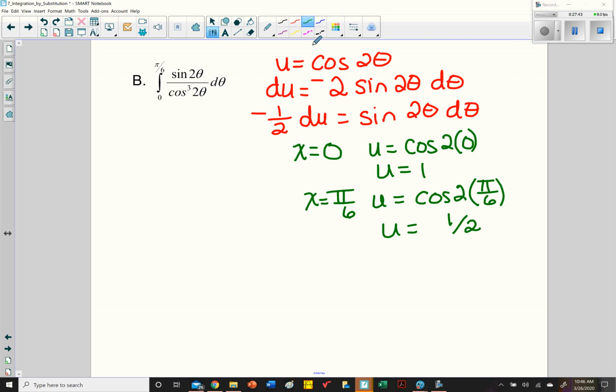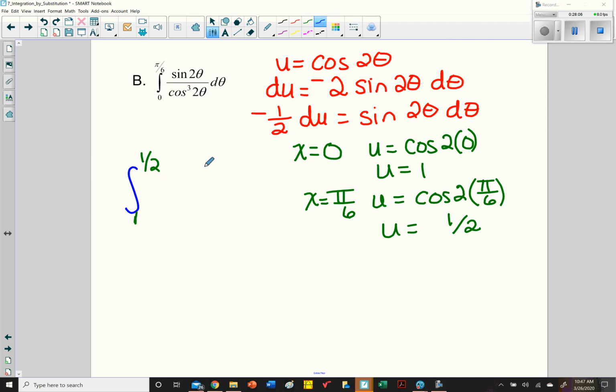Okay, so we have our new lower bound and upper bound. When x is 0, u is 1. When x is pi over 6, u is 1/2. We got a problem here. We're going to have to switch that. But let's take care of this.